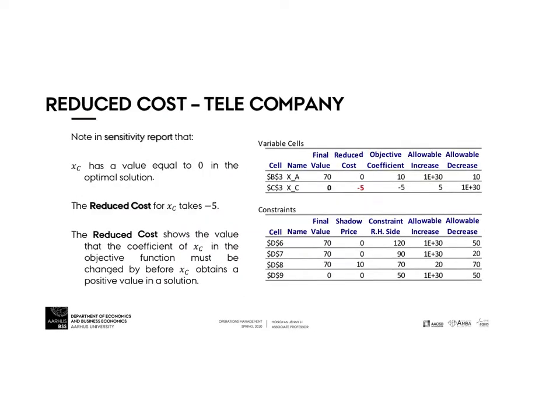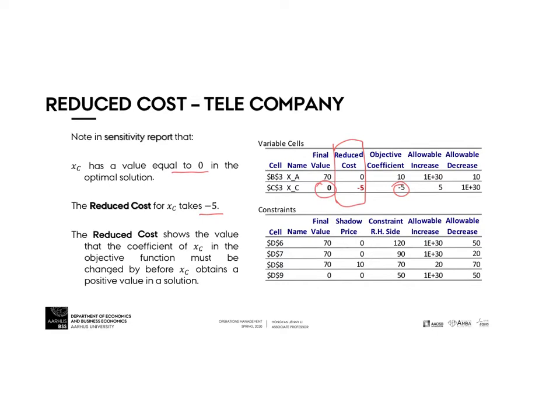So we continue to look at the reduced cost in your sensitivity report. Now we can see for xc, your solution is 0. So xc has a value equal to 0 in the optimal solution. The reduced cost for xc is minus 5.